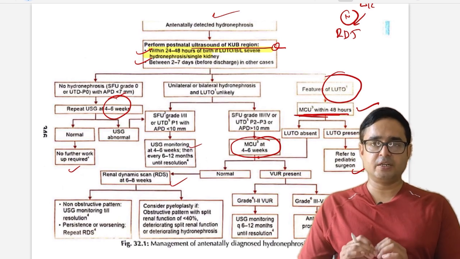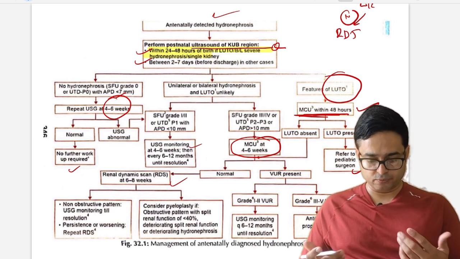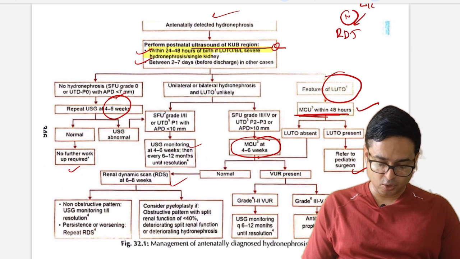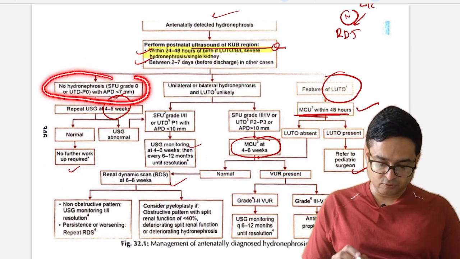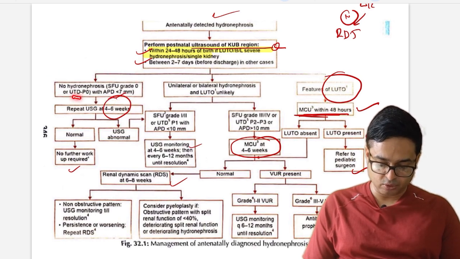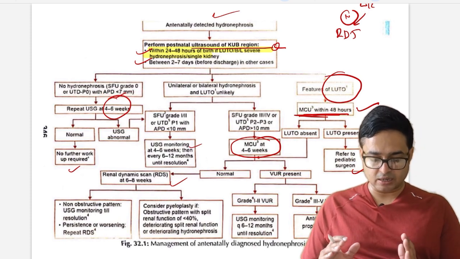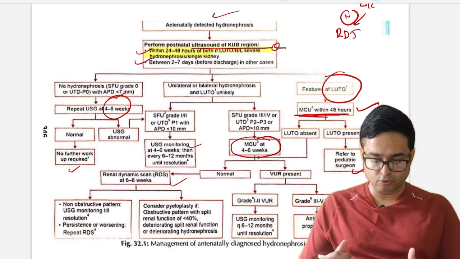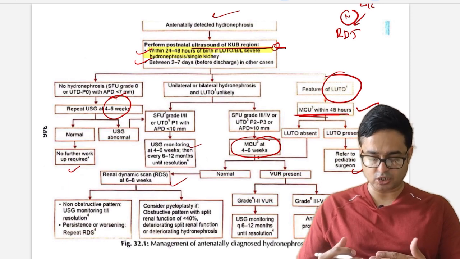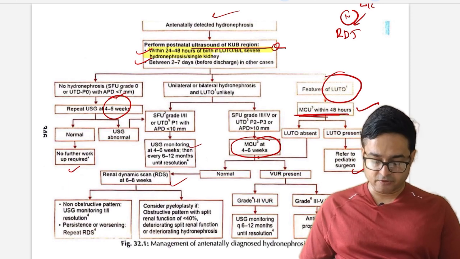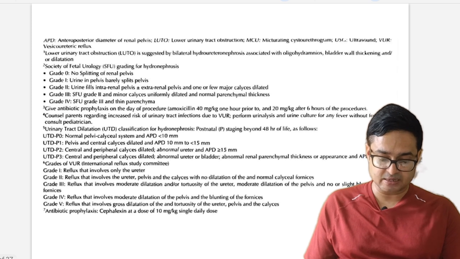Okay, you did USG and report came in front of you. First scenario, no hydronephrosis, SFU grade 0 or UTD pure, APD less than 7 millimeter. I'll discuss them. What are these? Okay, before going to this chart again, we'll understand some terms.